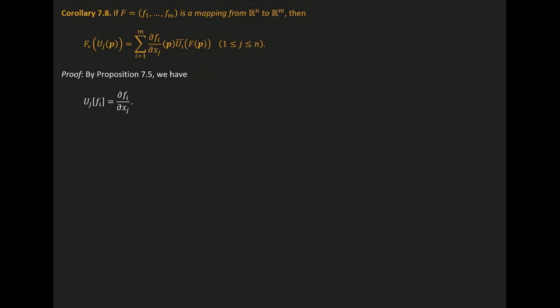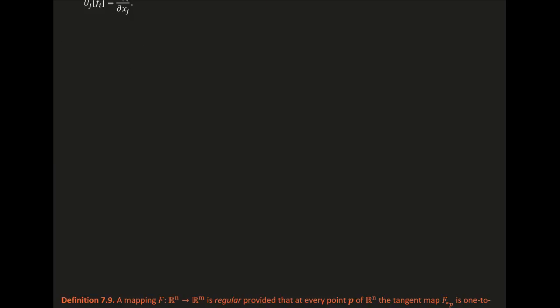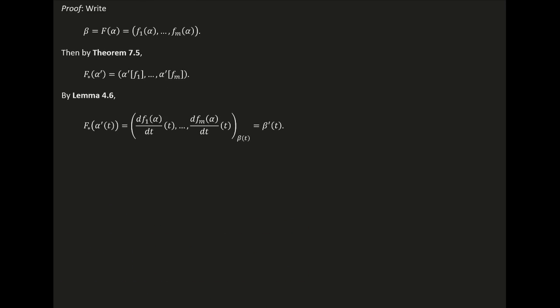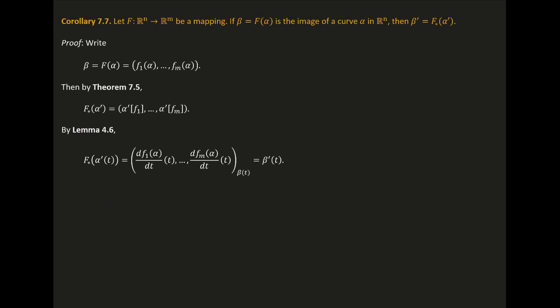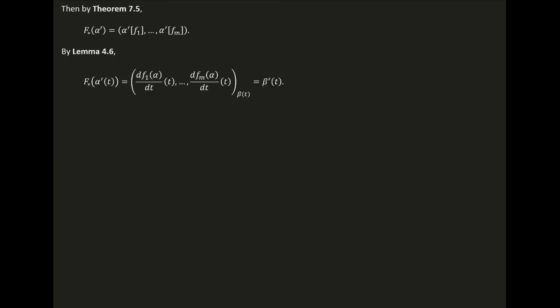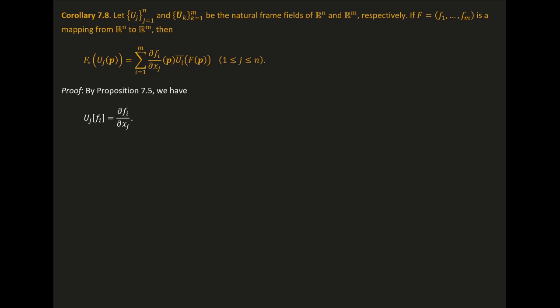Next, if f is a mapping from Rn to Rm, then we will write Uj as the natural frame fields of Rn, and U bar k as the natural frame fields for Rm.